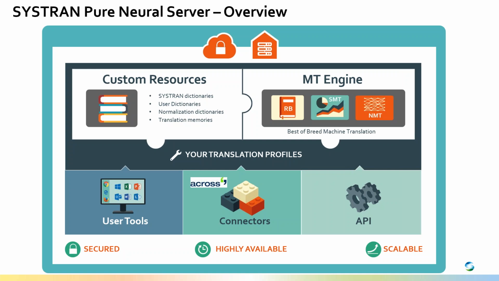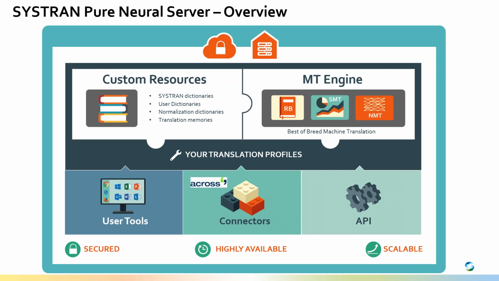So basically, whether it's hosted or installed on premises in your IT infrastructure, the way it works is the same. First, there's an MT engine, a neural machine translation engine, which is most of the time a specialized engine, tailored to your domain, your needs, your documentation.